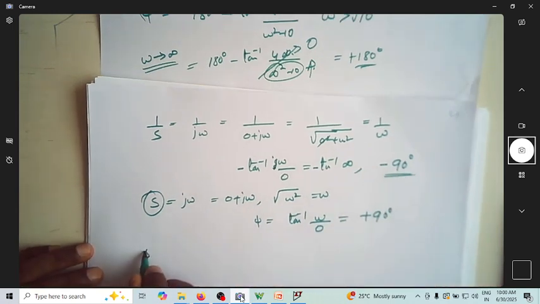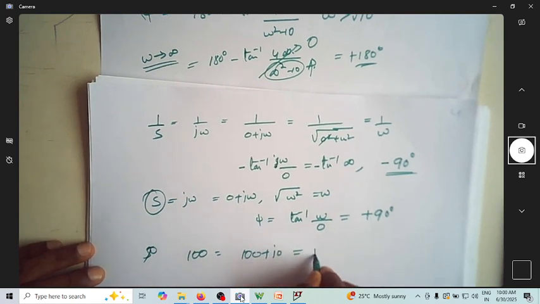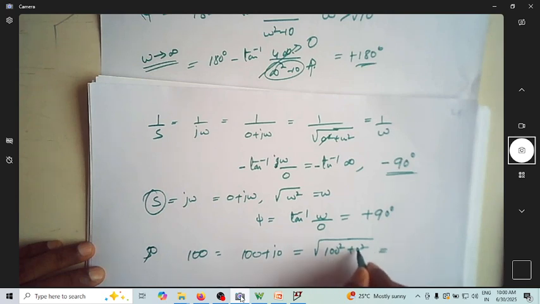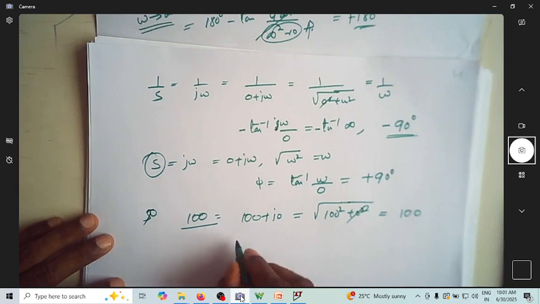Suppose you have a constant term, say 100. How do I write 100? Can I write it as 100 plus j0? What is the magnitude? It is the root of 100 square plus 0 square. The square and root will go off and it will end up as 100, so the magnitude of 100 is 100 only. How about the phase?